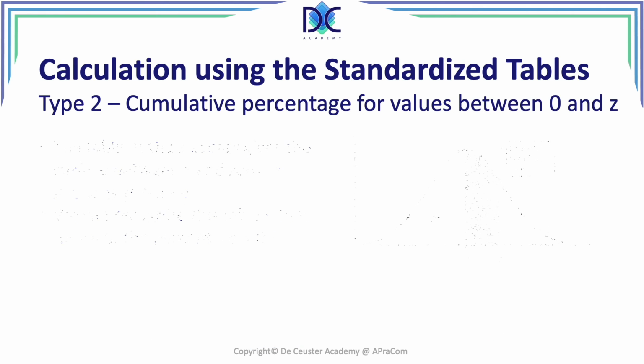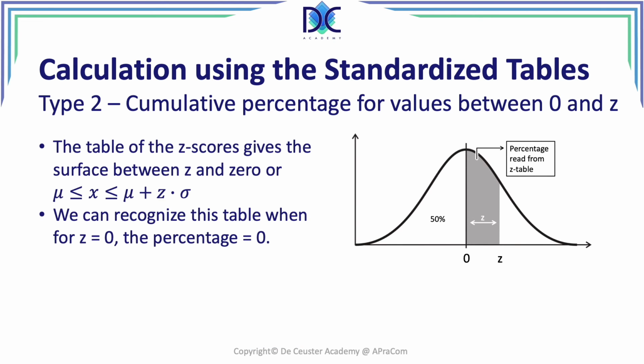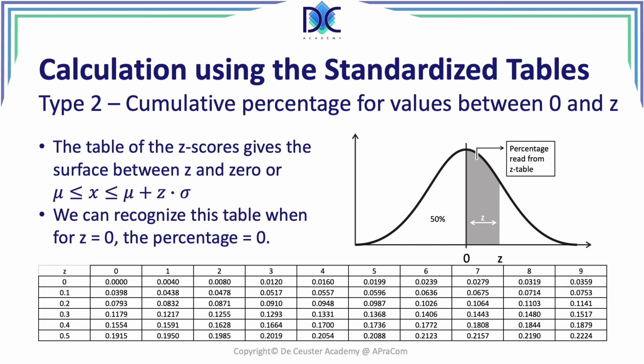Now there are different types of tables. There is also a table where we find the surface between the average and the average plus z times sigma, or between 0 and z. We can recognize these tables because for a z value of 0 we find 0, because there is no surface between z and the average. We're straight on the average. And in fact, we apply the same principle here.